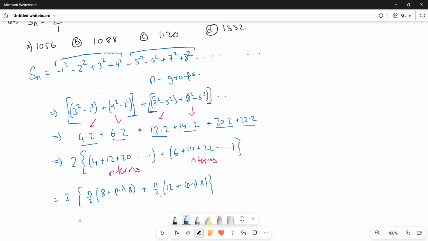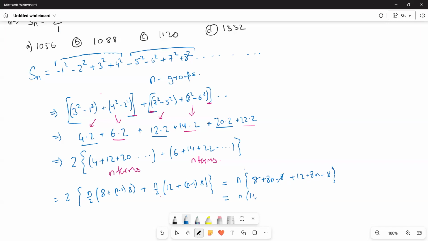सिंप्लीफाई. तो n by 2 कॉमन ले लिया, 2 2 कैंसिल होके will have n बाहर, और यहाँ पे आ गया 8 plus 8n minus 8 plus 12 plus 8n minus 8. तो ये 8 कैंसिल हो गया, will have 16n plus 4.